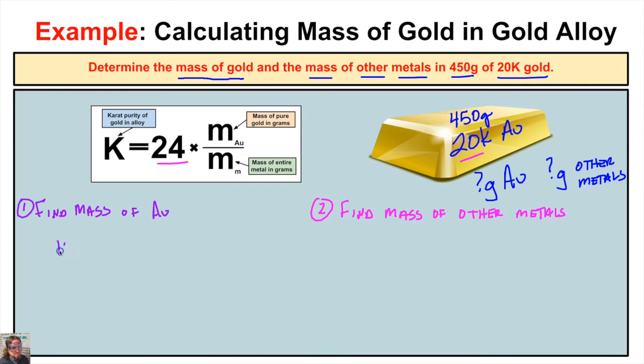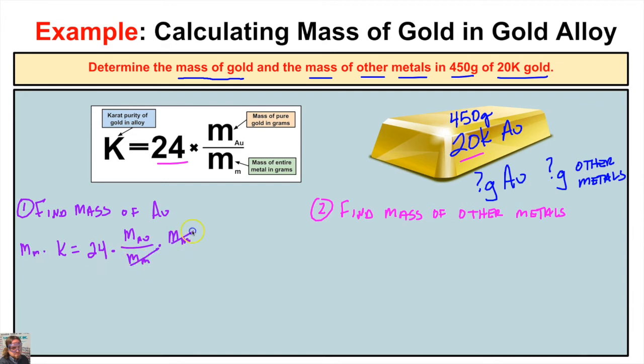So we know that carat purity is equal to 24 times the mass of our gold divided by the mass of the entire alloy or the metal. And so if we're trying to solve for the mass of the gold, then we have to get rid of mass of the metal from the denominator, so we're going to multiply both sides by it.